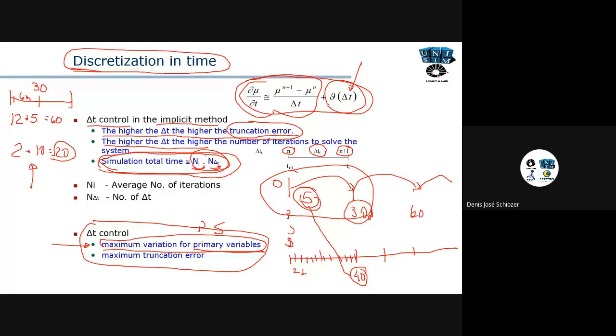So the simulation tries to get the best relationship between the number of iterations and time steps, but not the iterations, okay? What we normally want is the best simulation time. So the best simulation time will be a function of the average iterations and the number of time steps. So we cannot optimize the iteration numbers, but the iteration number is a function of your residuals, okay? A function of your tolerances. Did I answer your question?